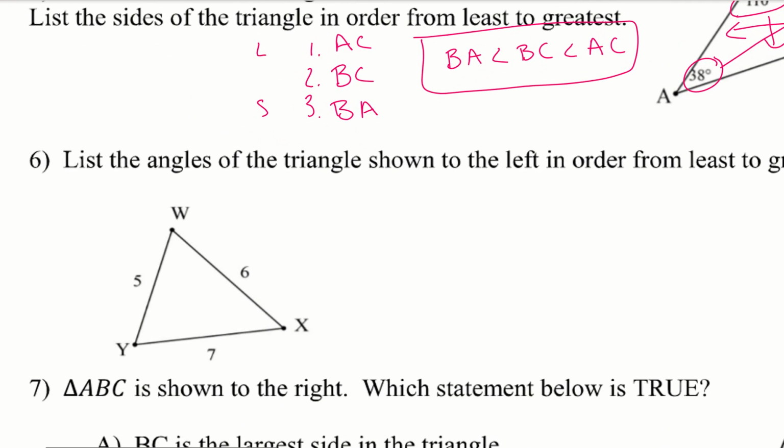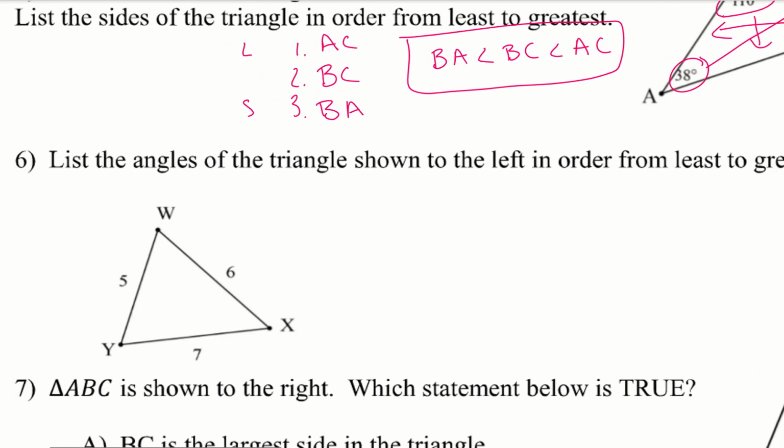So number 6, we want to list the angles of the triangle shown to the left in order from least to greatest. So I'll make sure to do that better this time. Smallest to largest instead of largest to smallest. So let's start with 5. So I'm going to go across. That would be X. And I'm going to use the inequality way again.